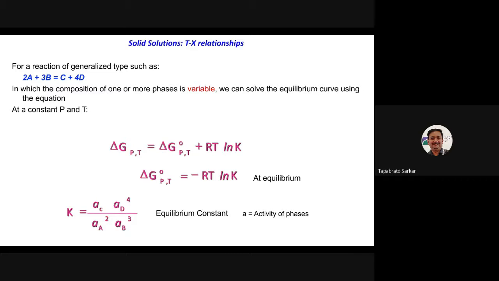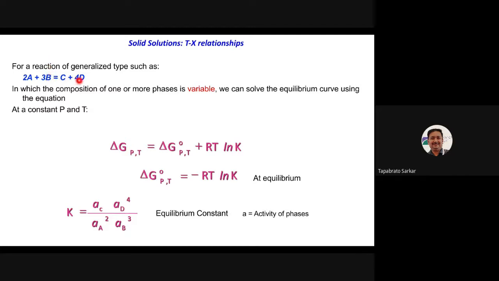So to give you the principle of geothermobarometry, we start with the reaction itself. For example, if we have the same reaction, 2A + 3B = C + 4D, and A, B, C, D are different minerals which show a solid solution. For example, A is orthopyroxene or whatever.